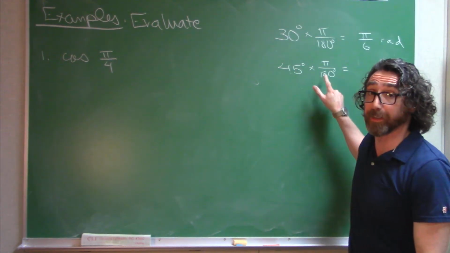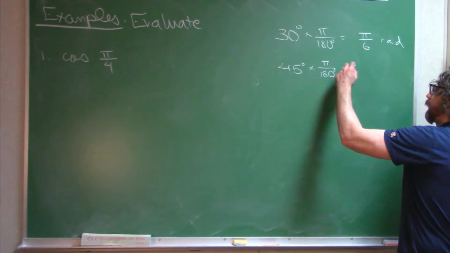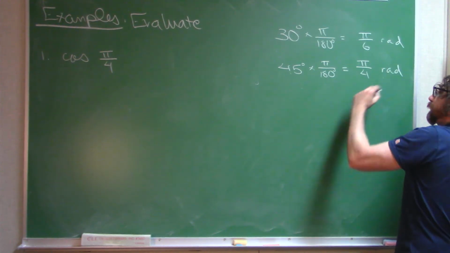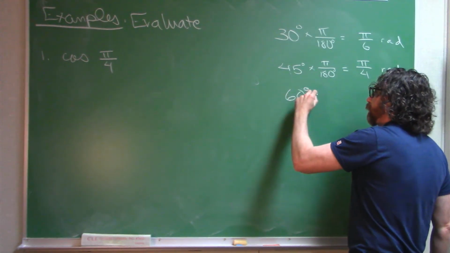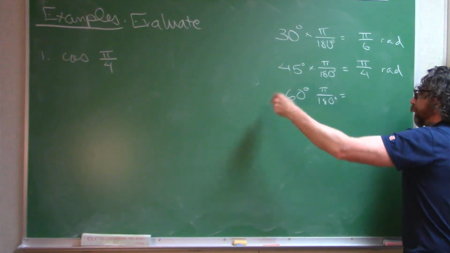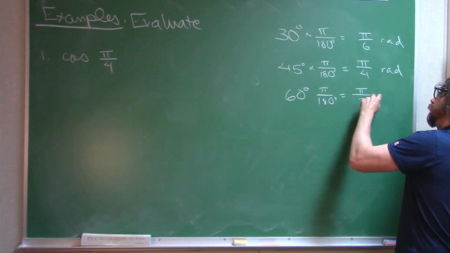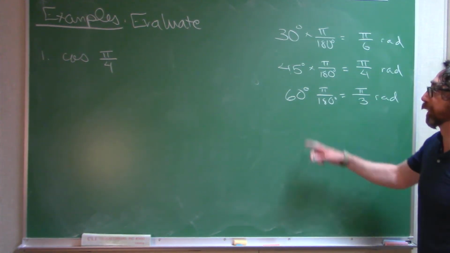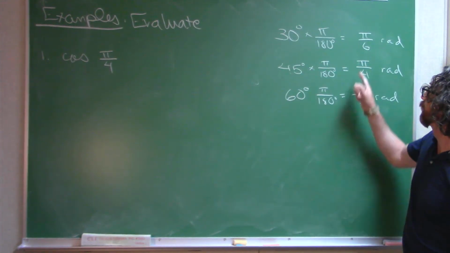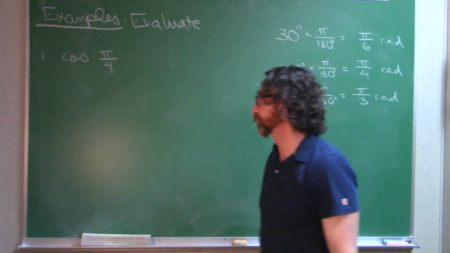Double 45 you get 90, double 90 you get 180. So 45 degrees is pi over 4 radians, and we saw this one when we were dealing with arc length. So our special angles in degrees are 30, 45, 60. In radians, pi over 6, pi over 4, pi over 3.